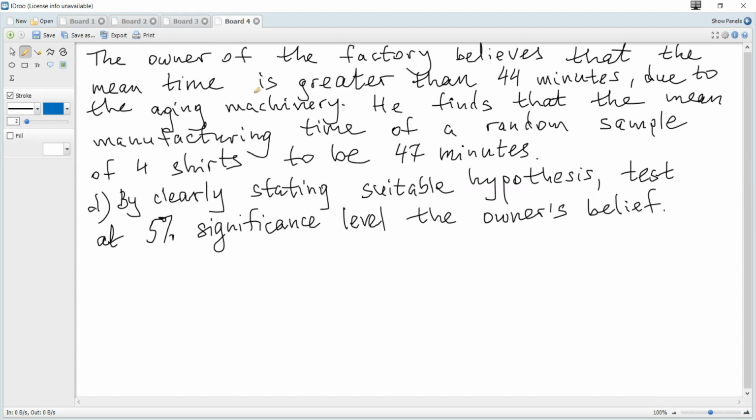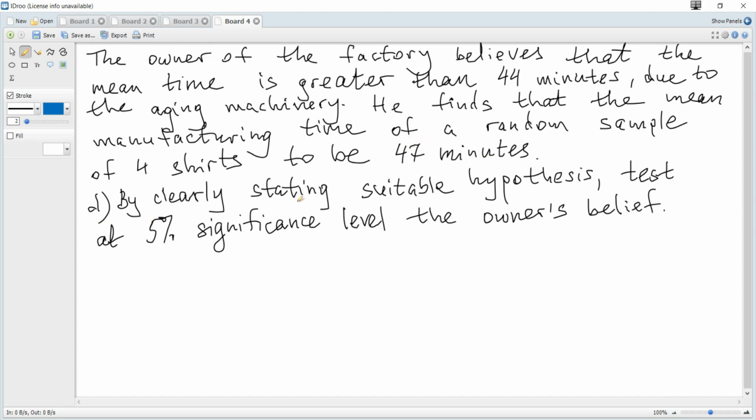The next, the owner of the factory believes that the mean time is greater than 44 minutes due to the aging machinery. He finds that the mean manufacturing time of a random sample of 4 shirts is 47 minutes.